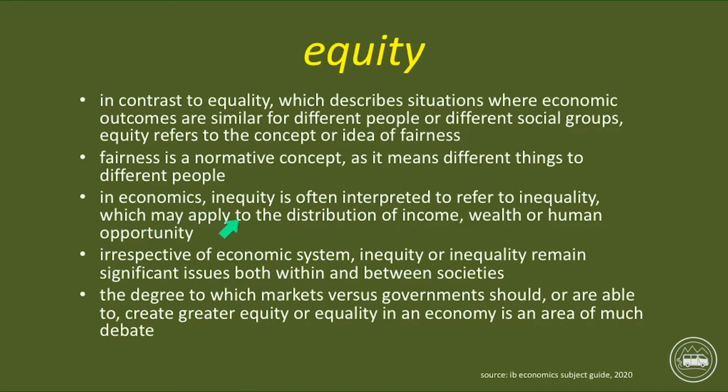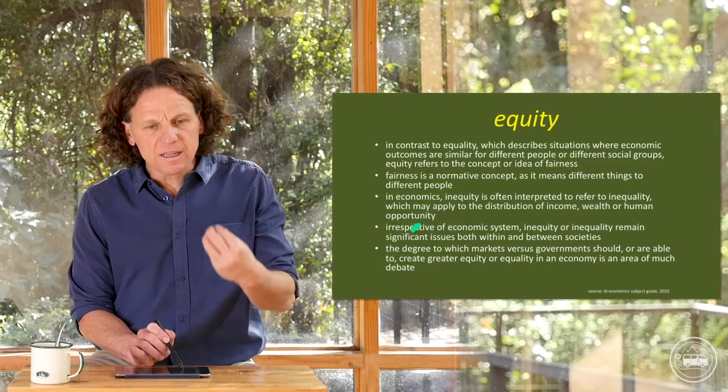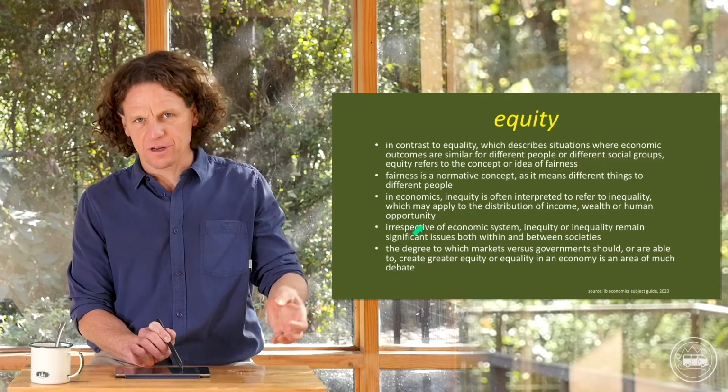In economics, equity is often interpreted to refer to inequality, which may apply to the distribution of income, wealth, or human opportunity. I like to tell students equity is about the ability to have opportunities.